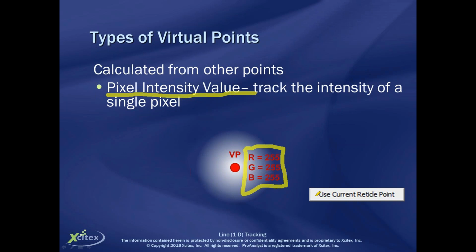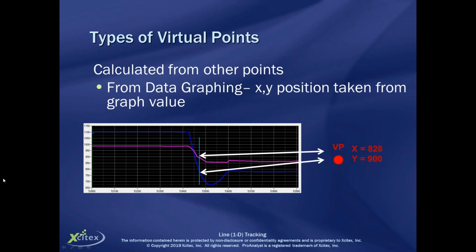So this can be a way to find strobing effects and find the luminosity or the intensity value of a point if it is changing throughout the video. So I've got an example of that later that will help to demonstrate the use of this virtual point in more depth.